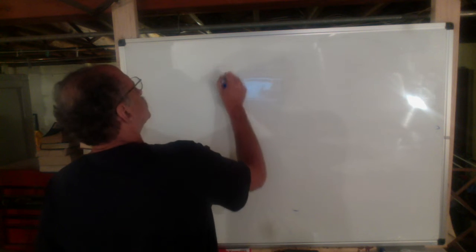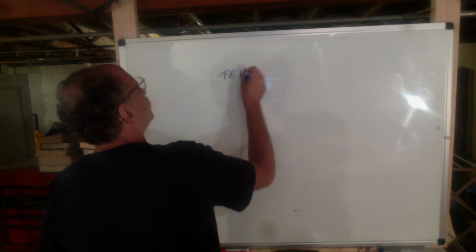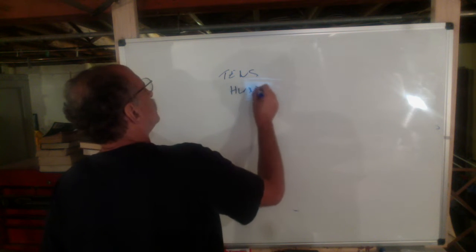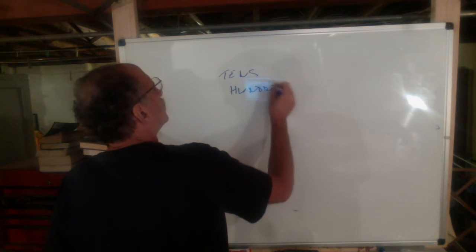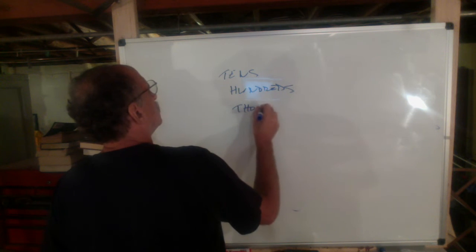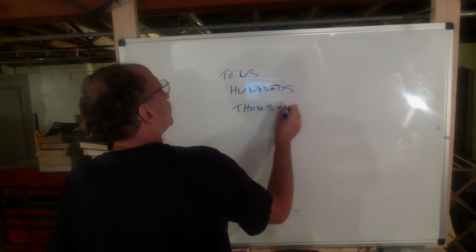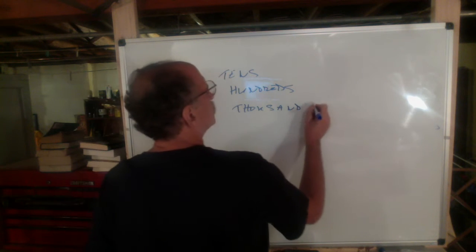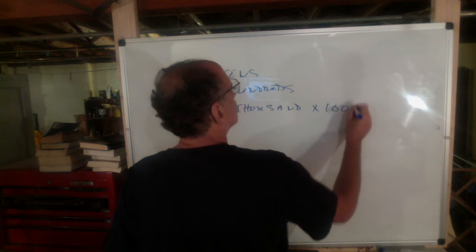So how big is a trillion? There's tens, 10, 20, 30, hundreds, thousands, 1,000. You take 1,000 times 1,000, you get 1,000,000.